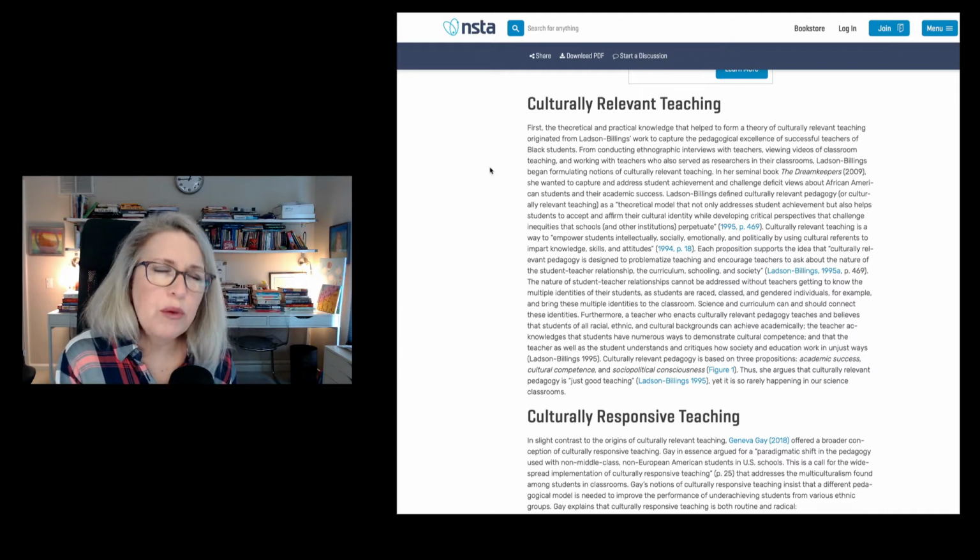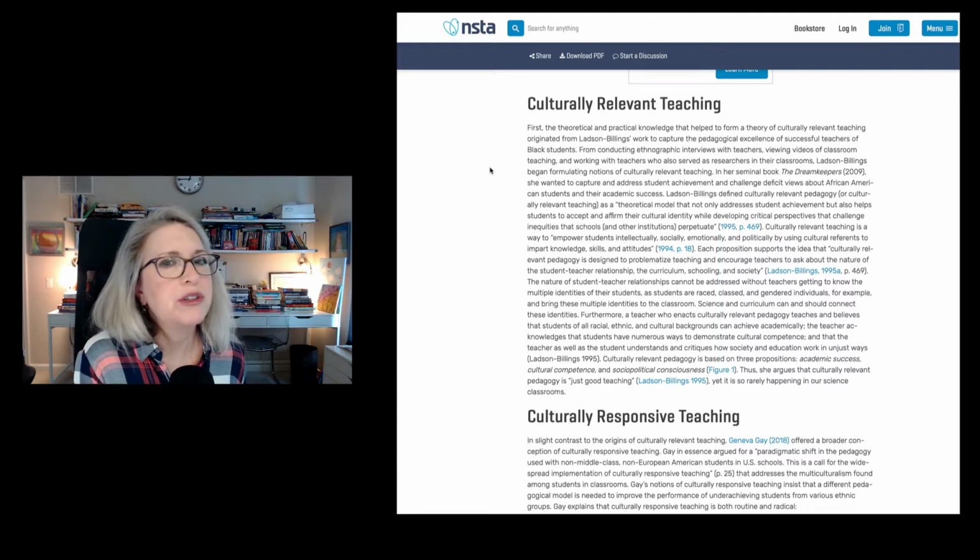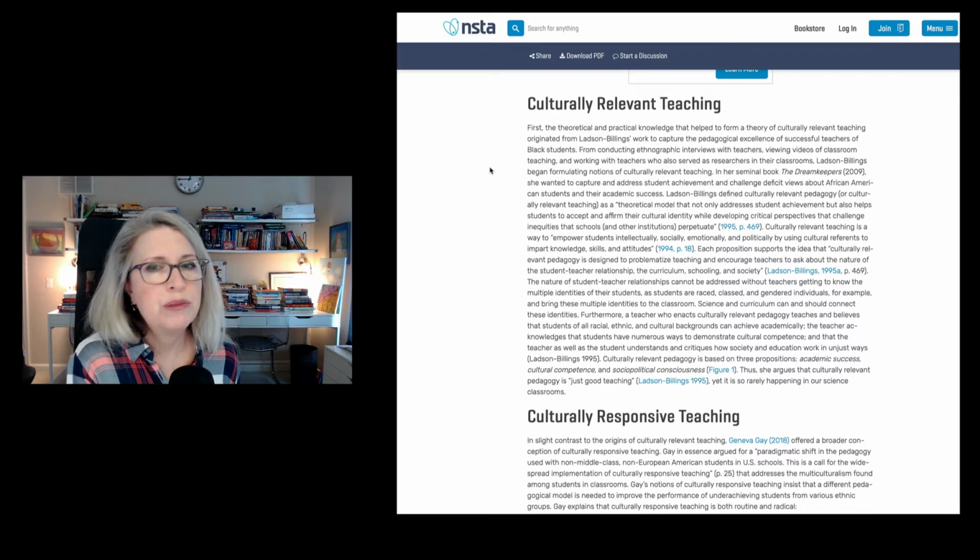How are they going to find out? Well, it's probably going to be identified by superficial characteristics like the color of their skin or the language they speak in the home or in the classroom, if it's not standard English. Possibly their religion, if there's some outward expression of that.